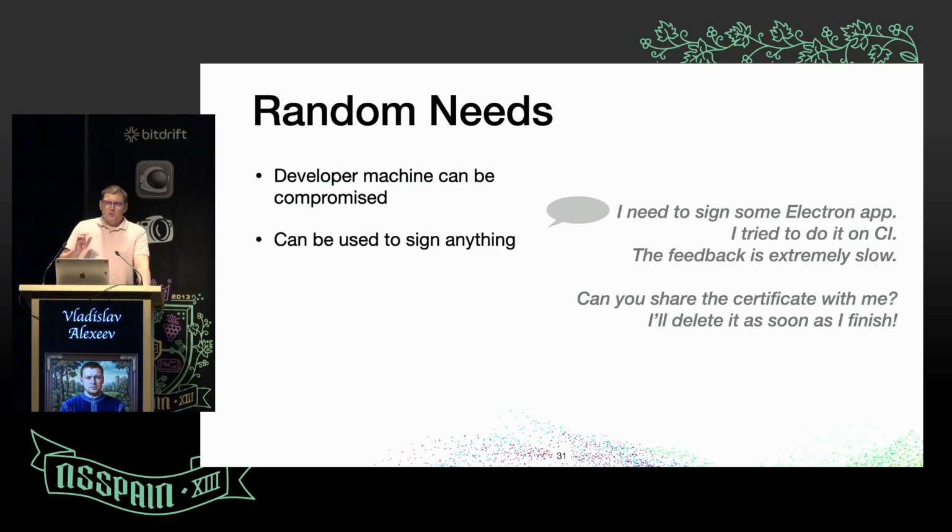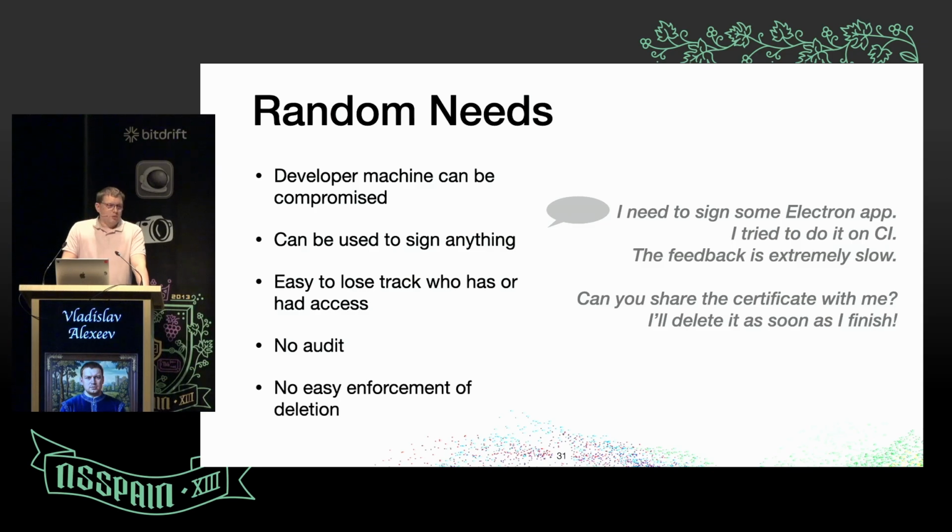How can you trust that the person won't sign some malicious software with it? If there are multiple people asking for this excuse, then it's very easy to lose track of who has got what and who deleted it. Of course, there is no audit whatsoever of what happens, and no easy way to enforce the deletion, unless you lock them in a room and delete the private key from the keychain manually, right? It's not a very scalable solution.